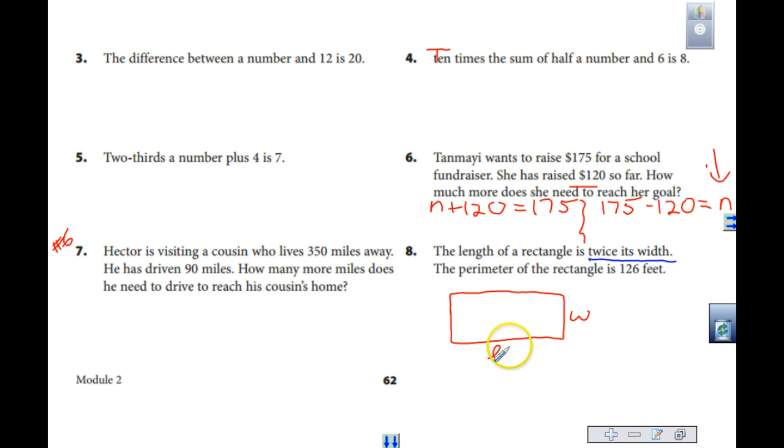So this length is the same as 2W. So use an L, use 2W. Of course, the opposite side will be the same because it's a rectangle, and the width will be the same because it's a rectangle. Now we know, add those all up, it will equal 126, and solve. Well, actually, no, not solve, because this page says the right page.